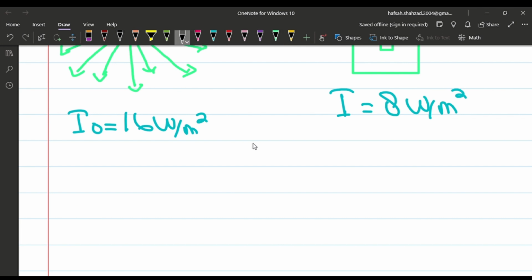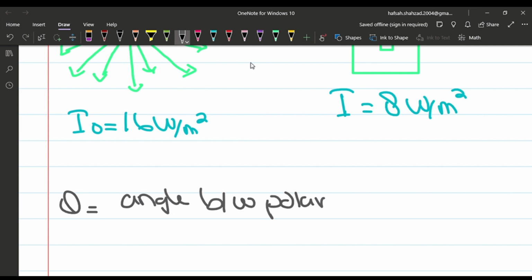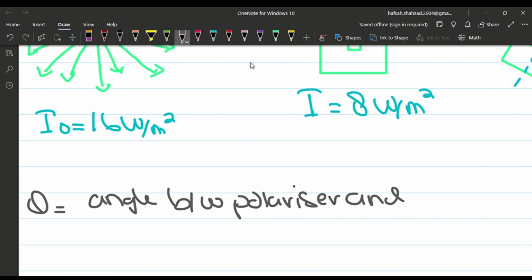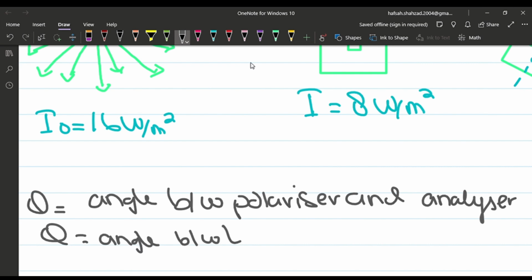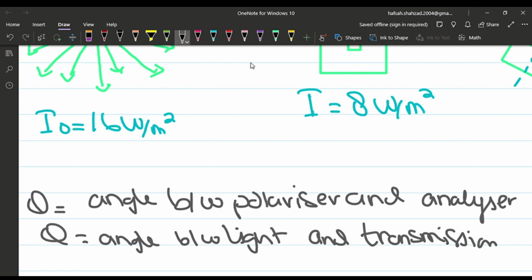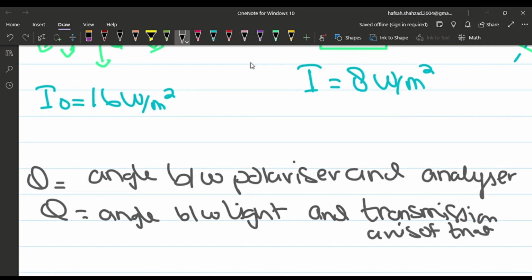One definition of theta, let's use gray: theta could be the angle between polarizer and analyzer, or theta could also be the angle between the light ray that is coming towards the polarizer and the transmission axis of that polarizer.